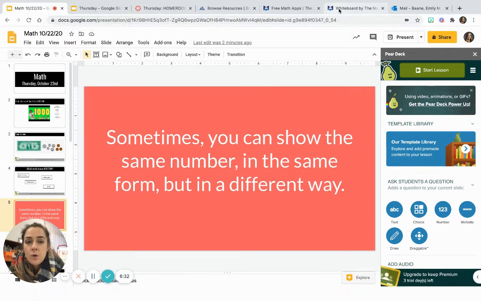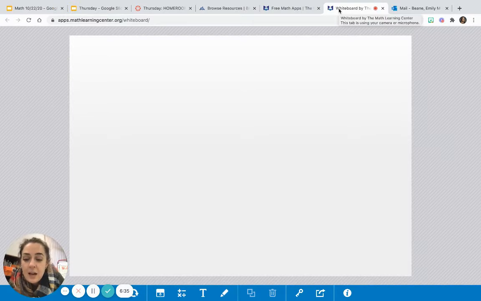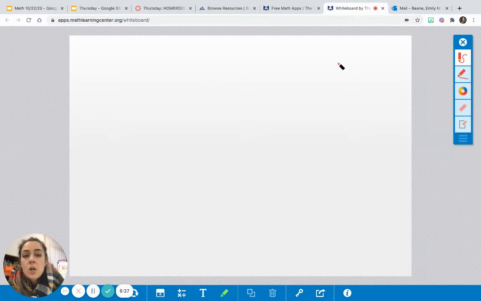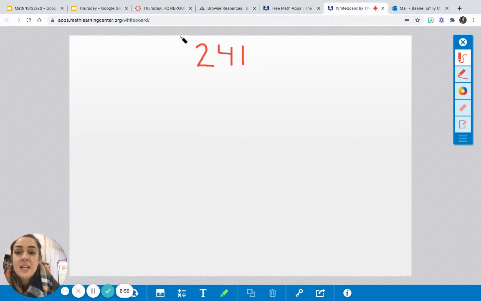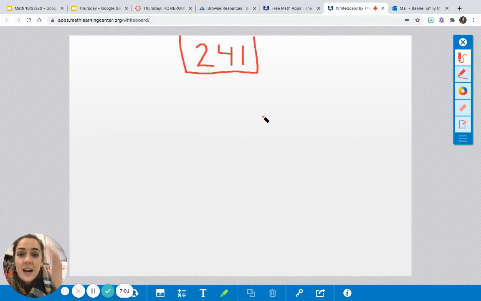So here's my whiteboard. All right, I want to show the number, so I'm going to write it in standard form. And when I say this, it really only goes for expanded and model form. 241. Okay. Now, if I were to write this in expanded form, the way that I would first think of it is writing 200 because I have a 2 in the hundreds place.